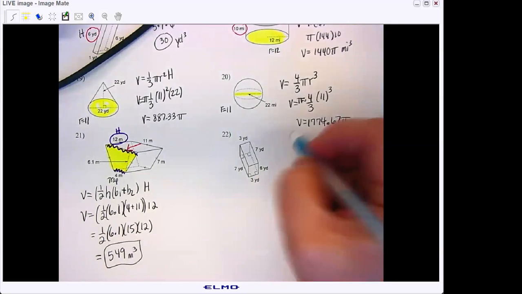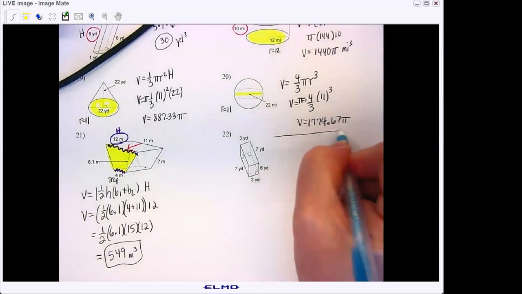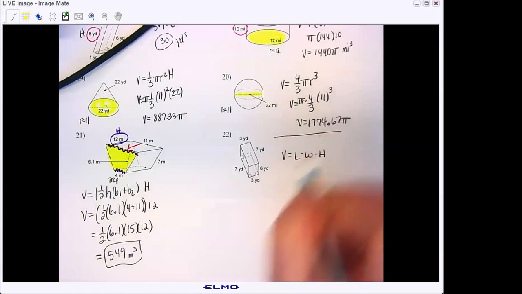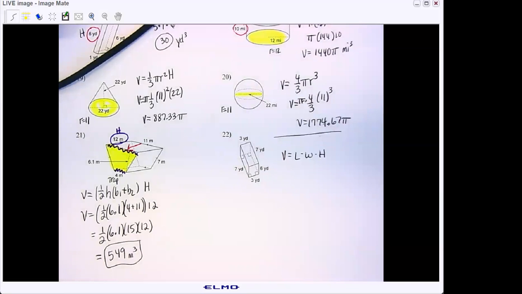On last one, volume equals length times width times height. Put your answer in the chat box.